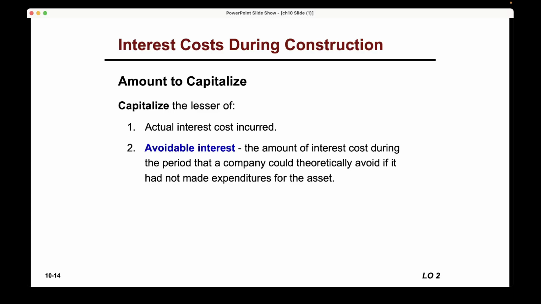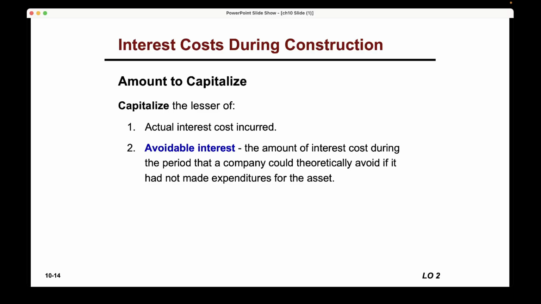Actual interest costs incurred, the first point here, refers to the total amount of interest the company actually paid during the construction period. It represents the real cost of borrowing to finance the constructions. The second point is avoidable interest. As the name itself says, avoidable, it is the interest expense that can be avoided by the company if it had not made any expenditures for the assets.